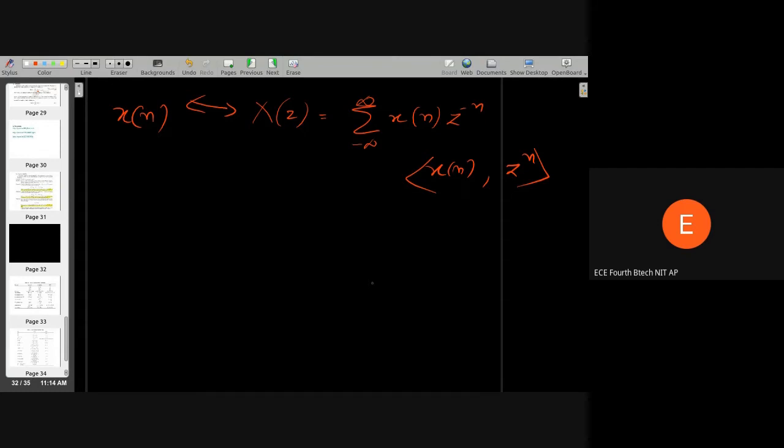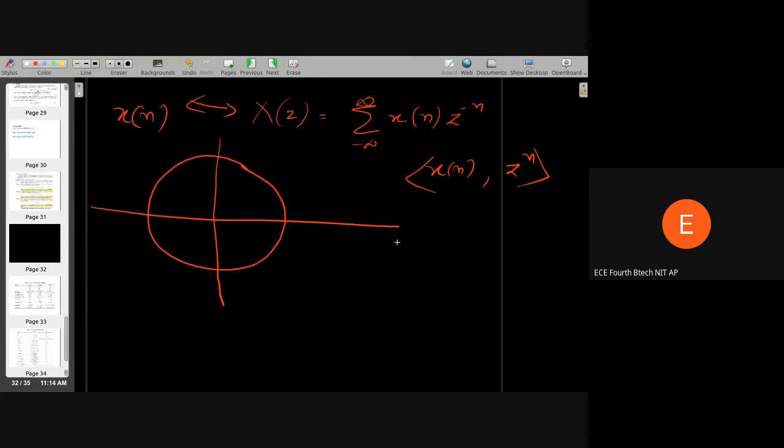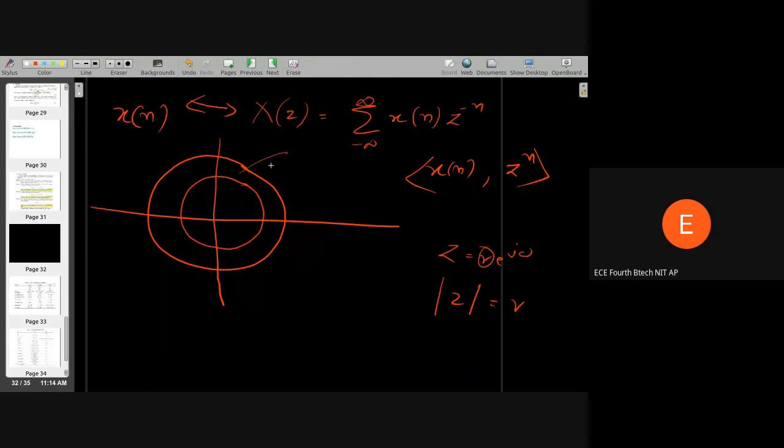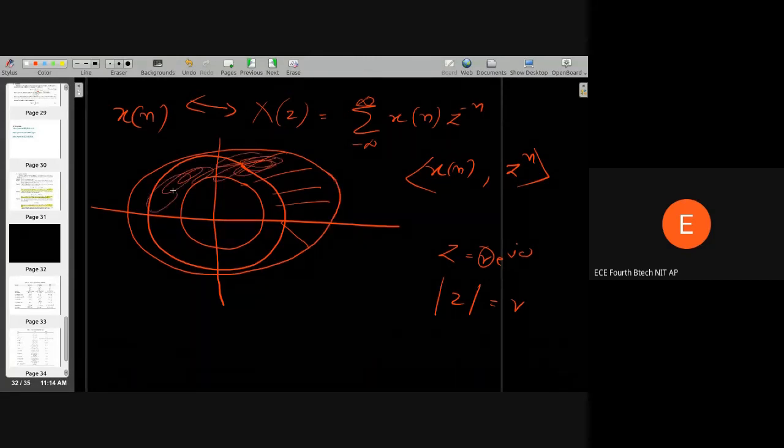So for certain values, z equal to r e to the power j omega, certain values of r, which means modulus of z, there are certain regions in which this integration will be valid, will get a finite value, and this is called region of convergence.